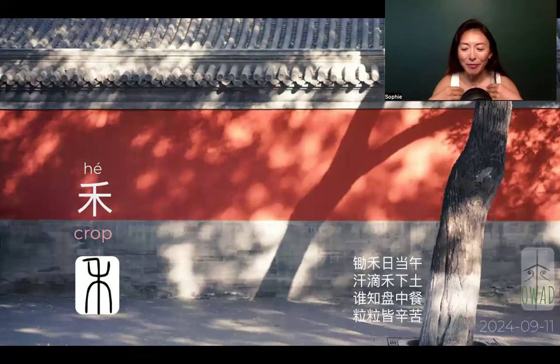Almost like the hard work from the farmers drained and nourished the plant in a way, because the sweat gets into the soil, gets absorbed into the plant. So we have that heavy human labor imagery, and the poem at the end, the moral of the story, after creating the imagery, is how to think about your relationship with food, because you know where it came from, and you need to finish every single grain.